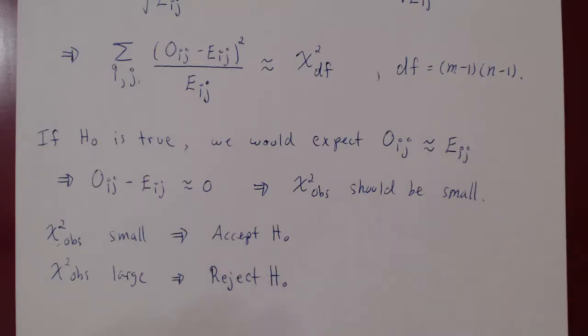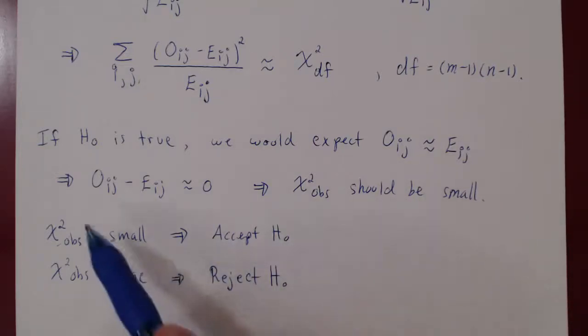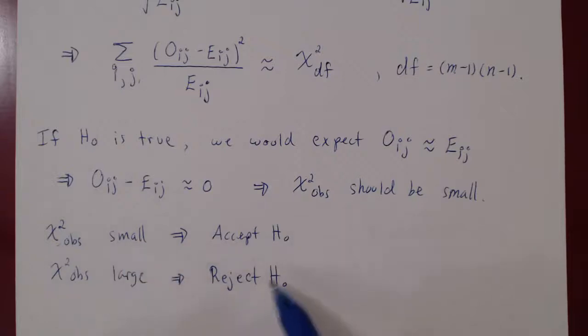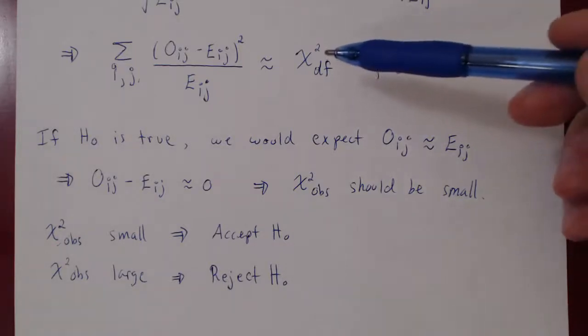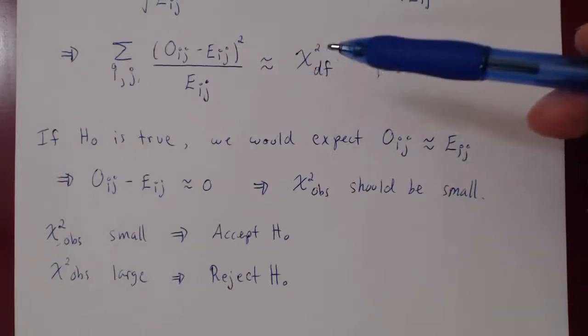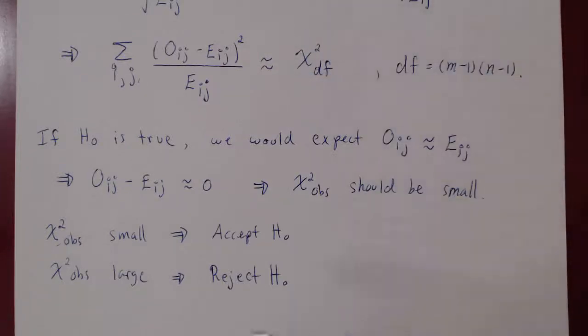So we will accept H0 if chi-squared observed is small enough, reject H0 if chi-squared observed is too large. So we are rejecting large values, and so in the case of a test of independence, we will always have a right tail test. We will always reject the right tail of our chi-square distribution because the right tail contains large values, and large values are evidence against H0.